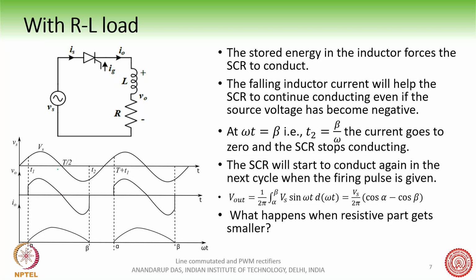Here is the trick: even if the source voltage has gone negative, after this point the source voltage has become negative, and the output voltage which follows the source voltage has also gone negative. But since at this point the current is still positive, the SCR will go on conducting up to the point beta.